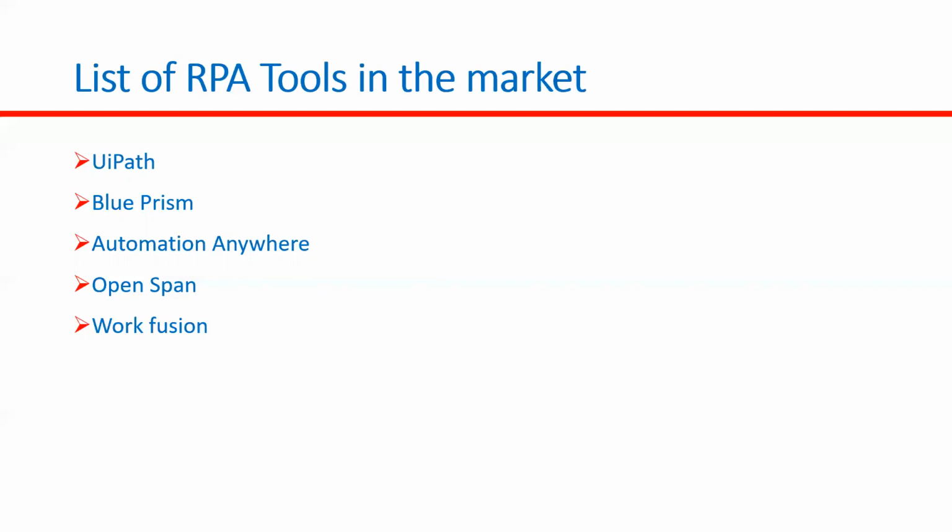Also, it is very easy and effective to learn UiPath because it has 450 plus activities, and we can use those activities for our automation process development.